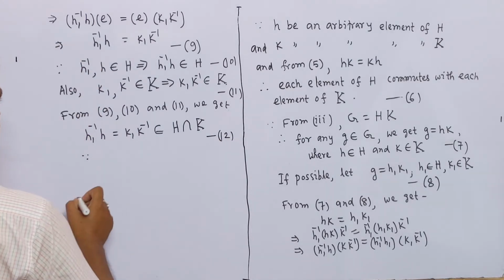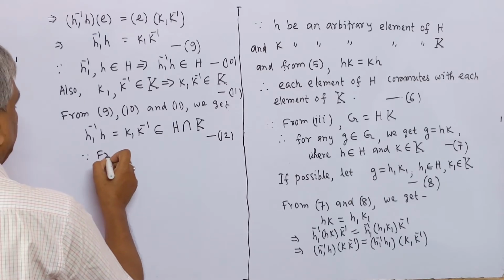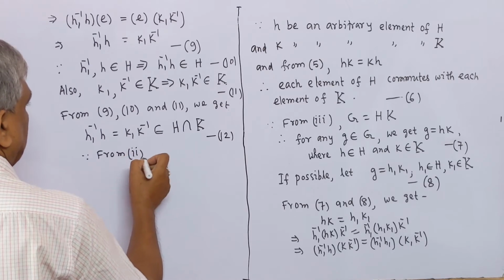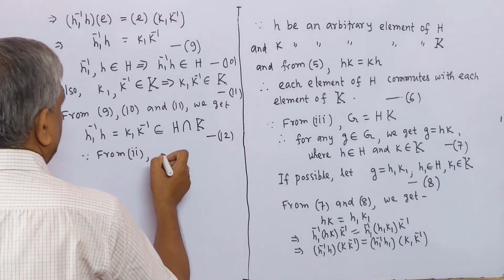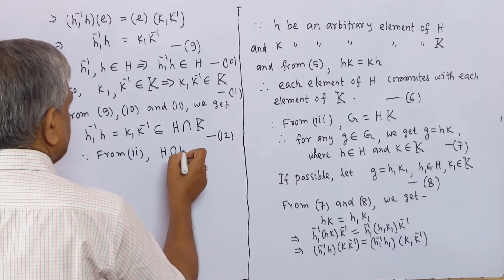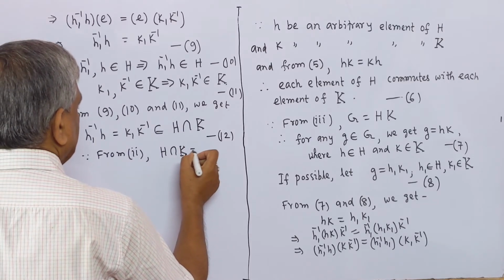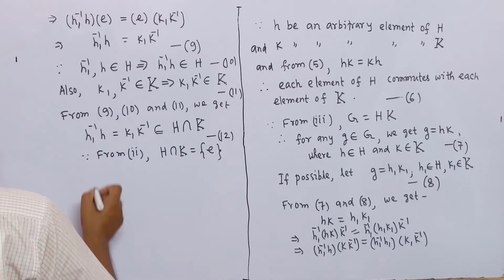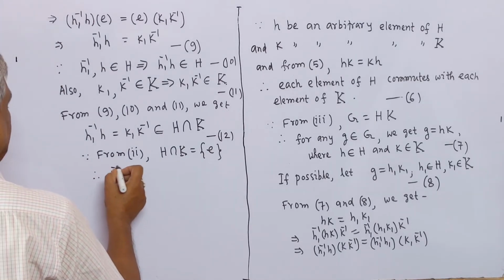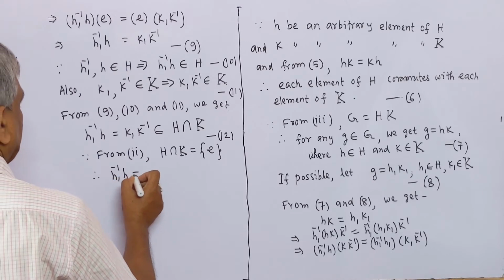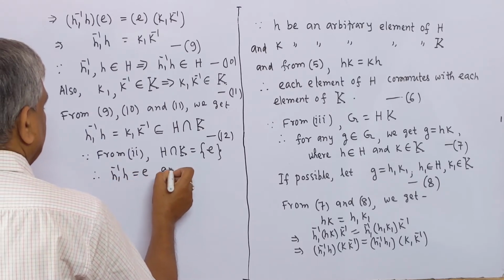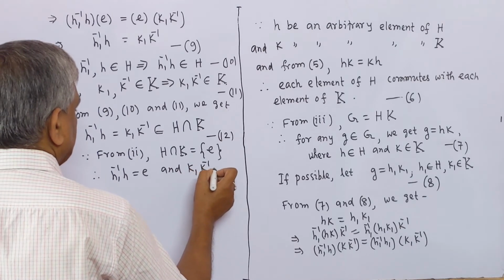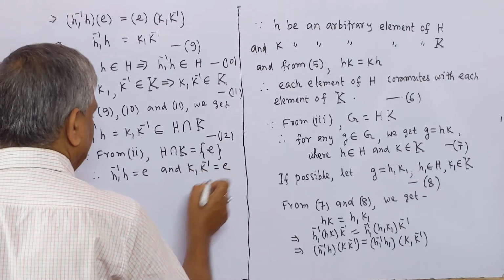Since from 2, H intersect K contains only the identity element, therefore H1 inverse H equals the identity element and K1 K inverse equals the identity element.